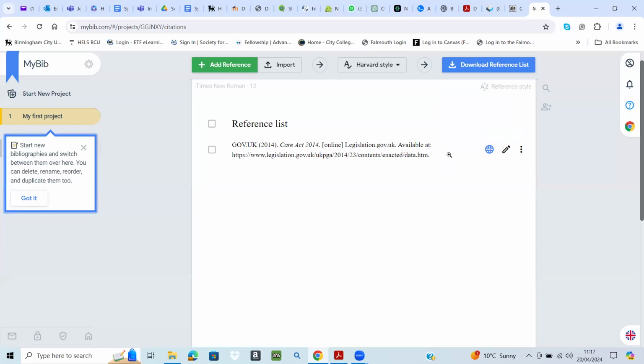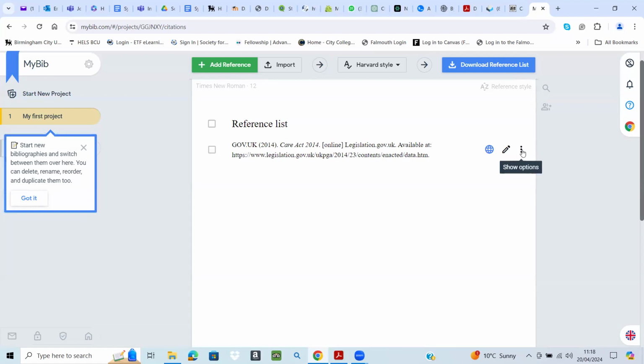The version which I have used has shown us the reference list here, and sometimes it gives us the reference and the in-text citation at the bottom as well. So we'll copy the in-text citation and paste it in our work, in our Word file.